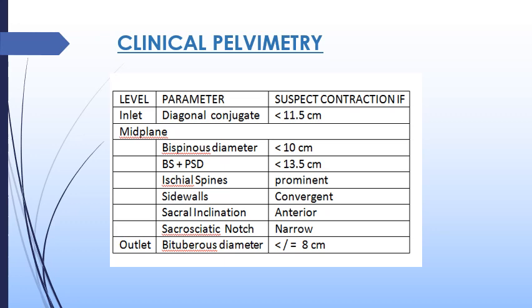Mid-pelvic contraction is suspected if the bispinous diameter is less than 10 centimeters, if the ischial spines are prominent, sidewalls convergent, sacral inclination anterior, sacrosciatic notch is narrow. Pelvic outlet contraction is suspected if the bituberous diameter is 8 cm or less.